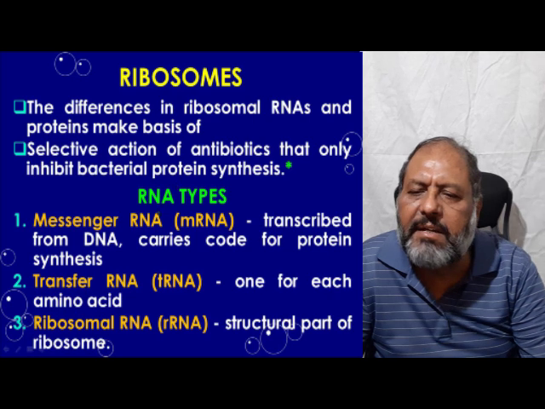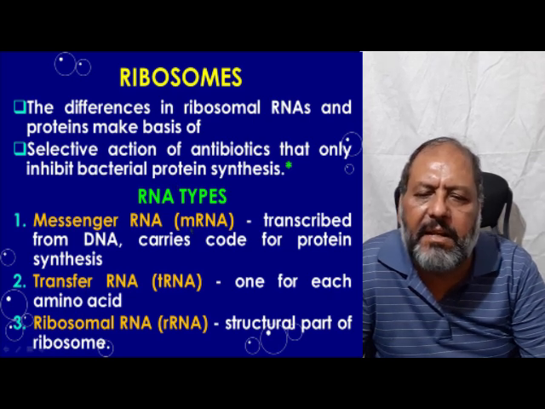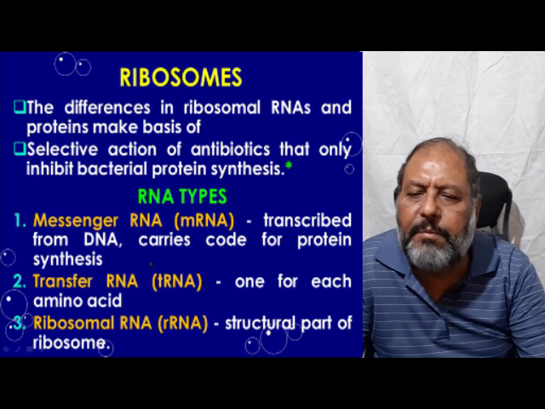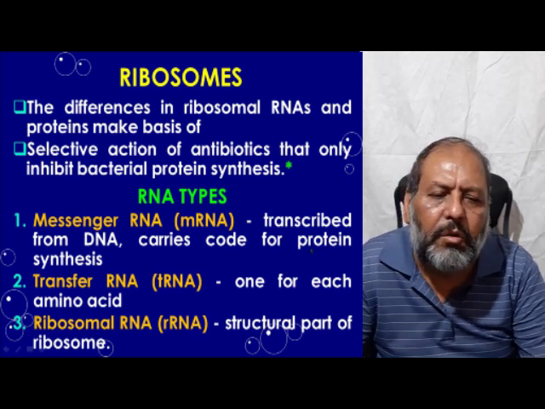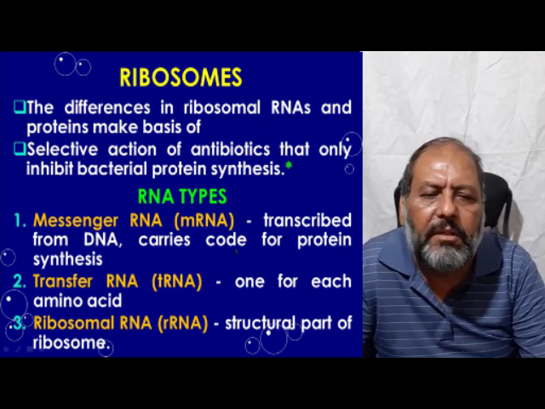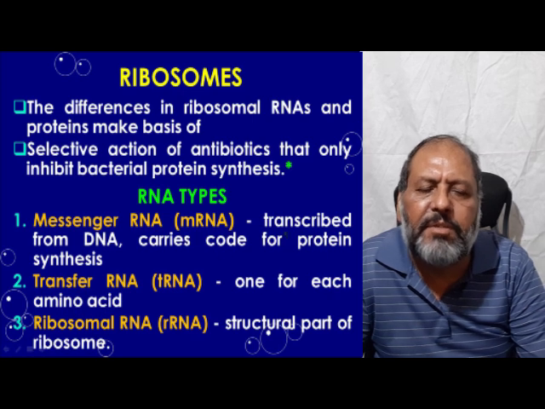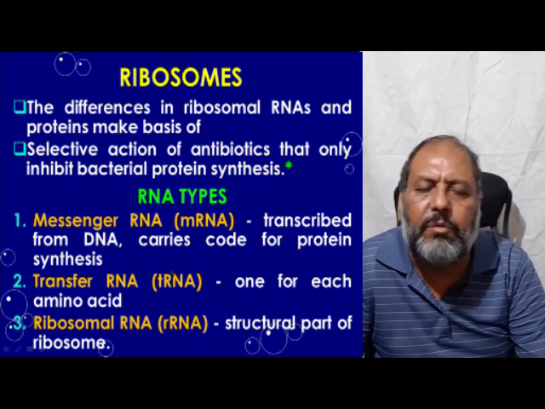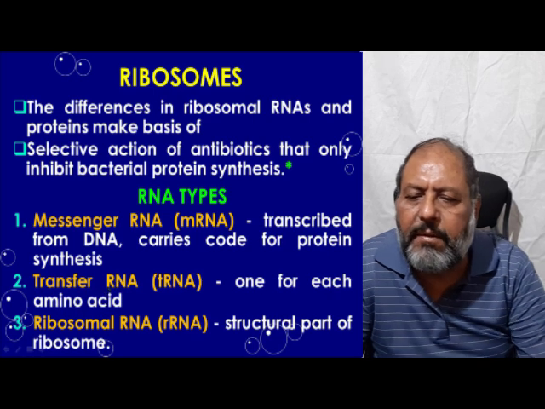Now the RNA types. These are the messenger RNA, mRNA, transcribed from DNA, which carries the code for protein synthesis. So this is just the messenger taking the message from the DNA and giving it to the protein factories.